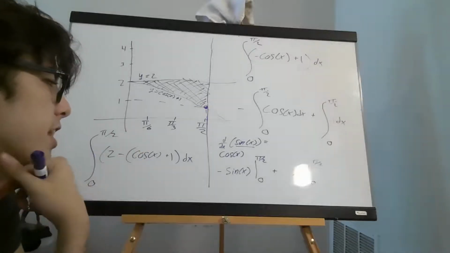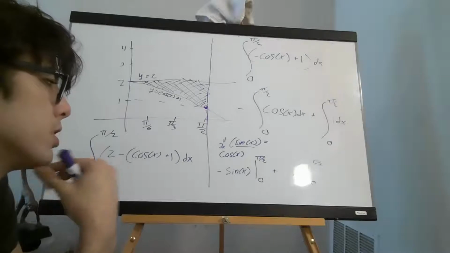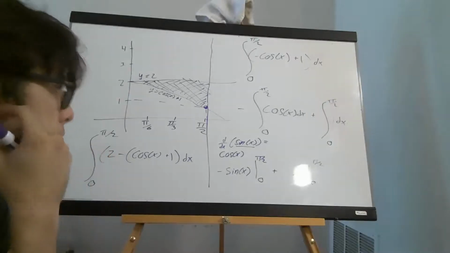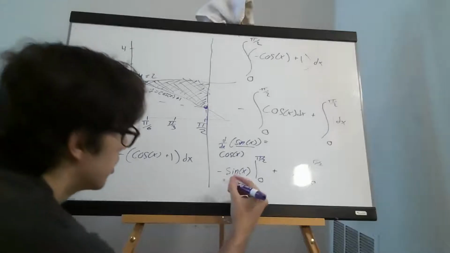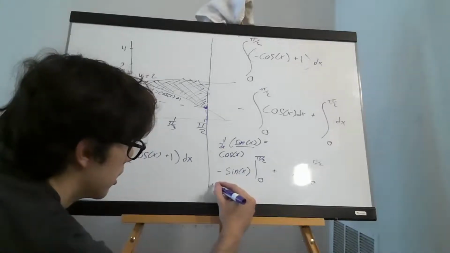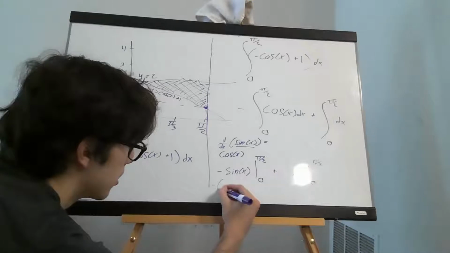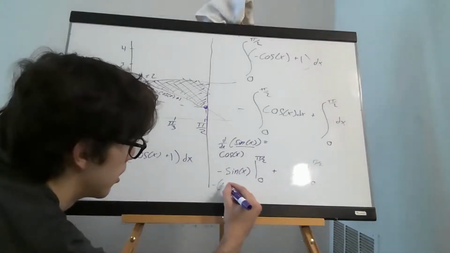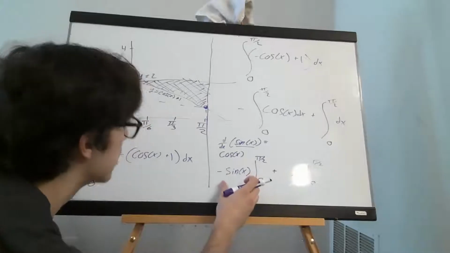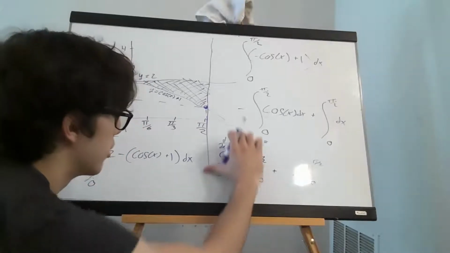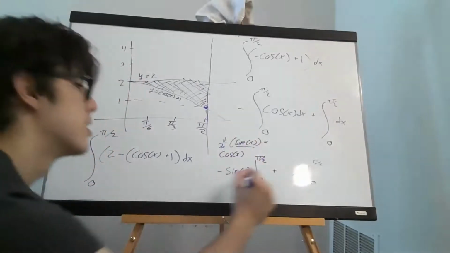So negative sine of x from pi over 2 to 0 plus x from pi over 2 to 0. So that's going to be, no, let's not do it that way, that's silly. I'm going to get this out of my way too, because I like to have space.